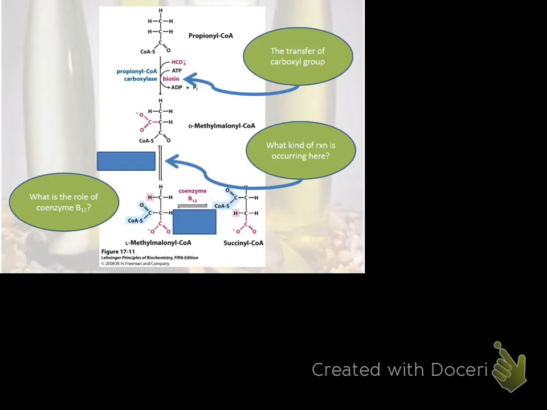The acyl and the CoA are switching. So what are some of the kinds of enzymes that can do this switching? Maybe mutase or isomerase? And what's the third? It's specifically with isomers of sugars. We've only seen it, I think, once. Epimerase. And this is an epimerase, okay?